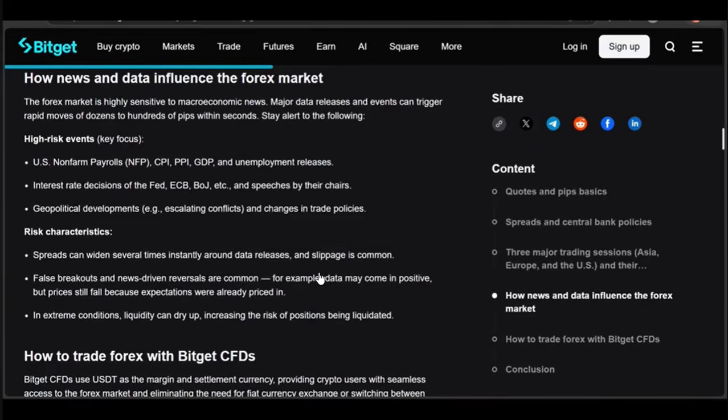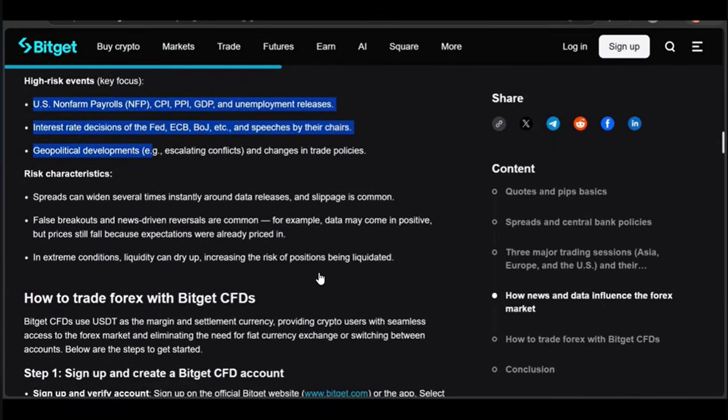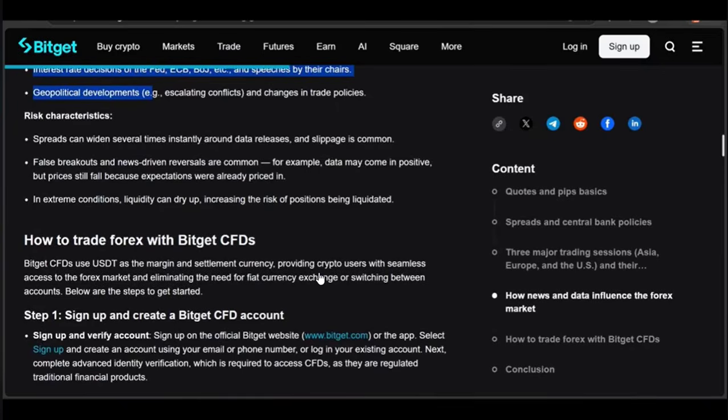Now, timing is very important in Forex. So, guys, here you can see the market runs 24 hours, but not all hours are equal. There are three major sessions: Asian, London, and New York, where the most powerful time is when the London and New York sessions overlap.